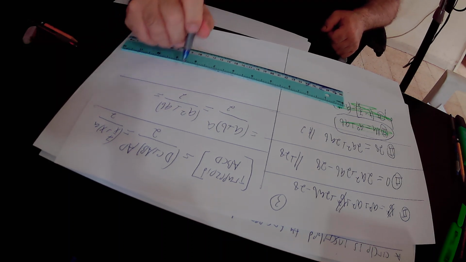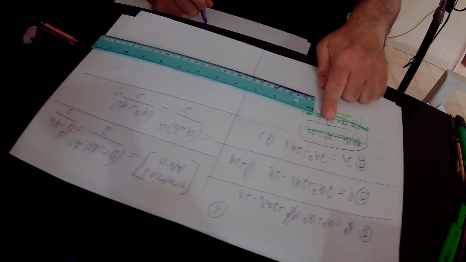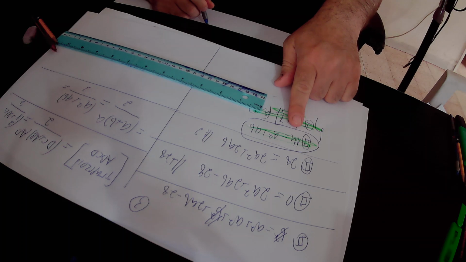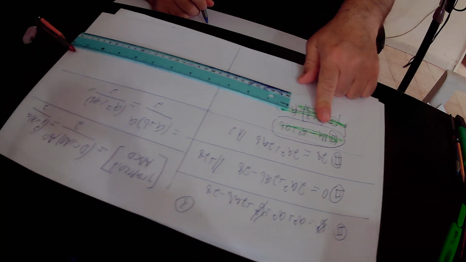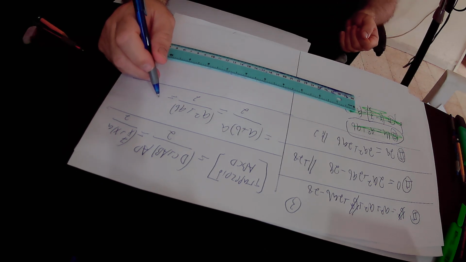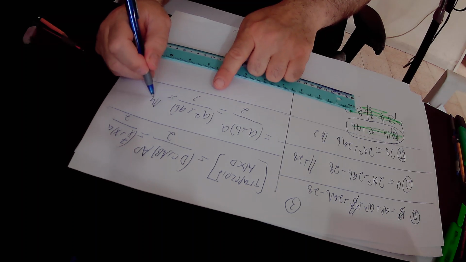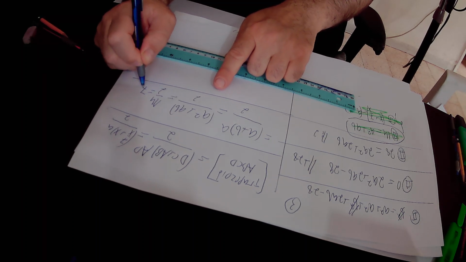But we have already found out that a squared plus ab equals 14, according to equation 2. So we can substitute a squared plus ab in this expression by 14. We will do it now. So in total this expression will be equal to 14 over 2, that is 7.